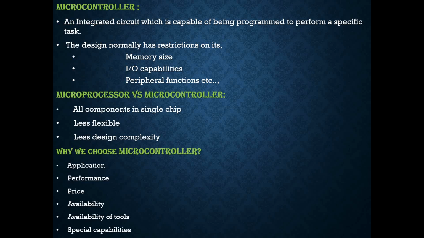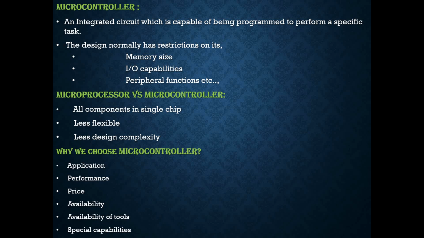Now come to the microcontroller. What is a microcontroller? An integrated circuit which is capable of being programmed to perform a specific task. The design normally has restrictions on its memory size, I/O capabilities, peripheral functions, and etc. Why microprocessor and microcontroller? What is the major difference?